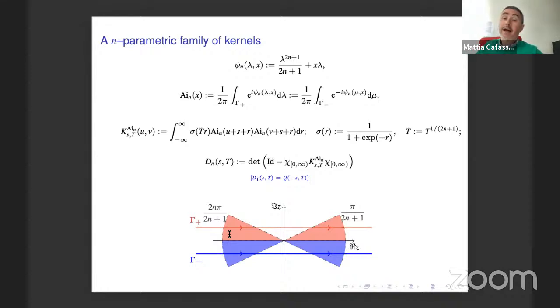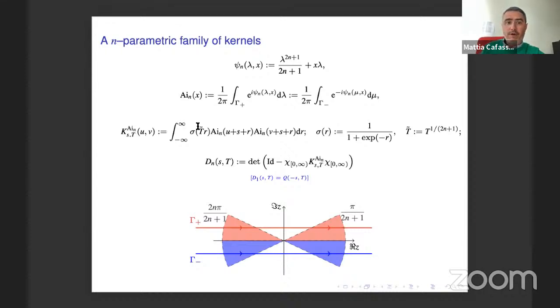This satisfies higher order differential equations. And out of these Airy functions, which are constructed in such a way that they decay exponentially at plus infinity, we construct some new kernels that we denote in this complicated way, K Airy n, s and t. Exactly as before.